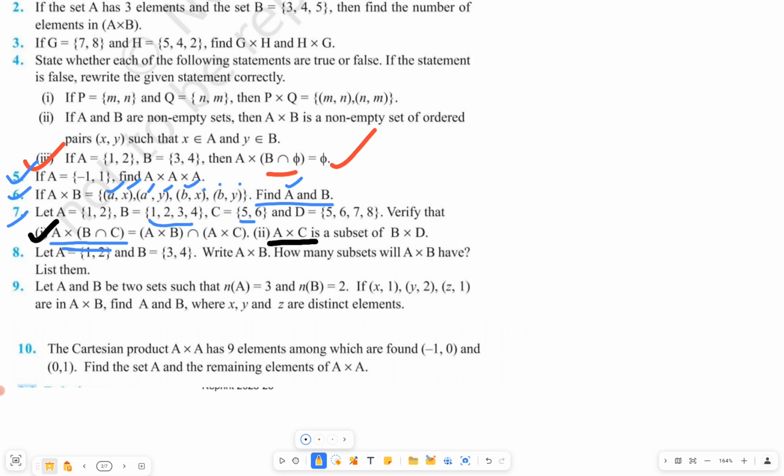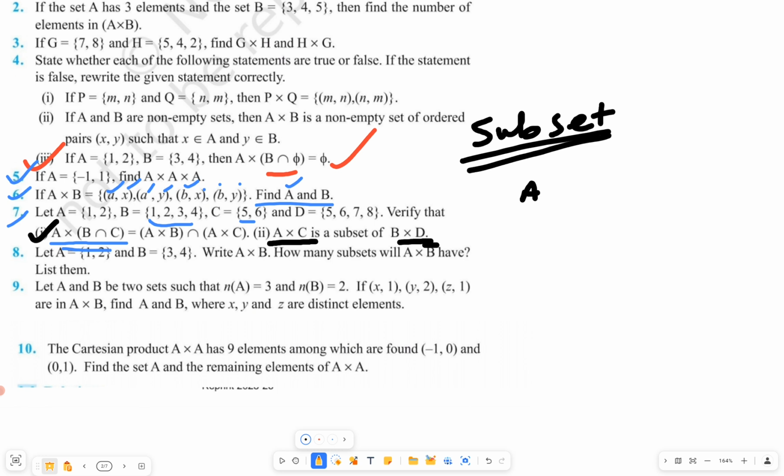A cross C is a subset of B cross D. What is a subset?